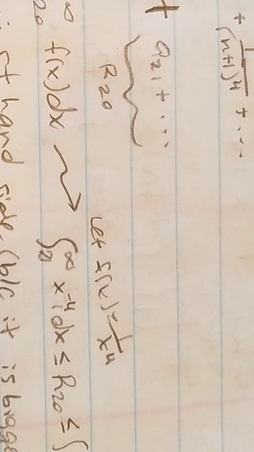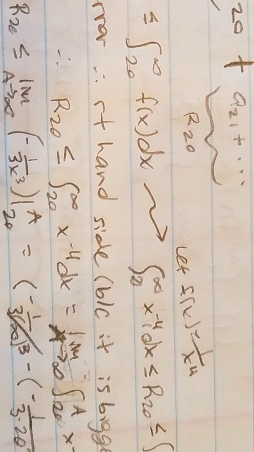Remember, that is basically the series that you're given, except x's are replacing the n's. So now you can write this as the integral from 21 to infinity of x to the negative 4 dx, which is less than or equal to the remainder such that n equals 20, which is less than or equal to the integral from 20 to infinity of x to the negative 4th dx.